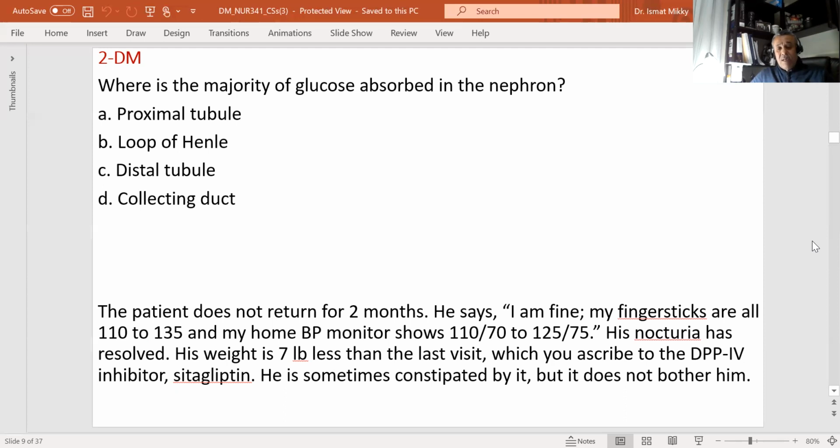So at any time you see that there is glucose in the urine, it indicates that the blood glucose level is over 200.